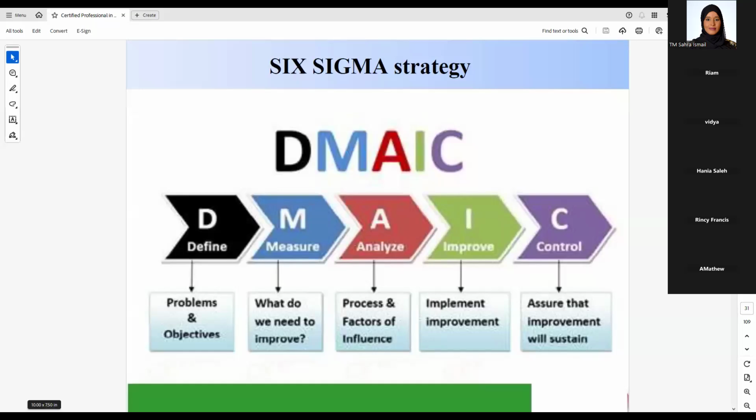Even sometimes under DMAIC, you might use maybe 2 or 3 PDSAs for different problems, but you are under the big project which you are working on, because sometimes you will find that you need more than one PDSA to solve more than one problem at the same time, just to go through the whole Six Sigma project. So sometimes you are using more than one methodology to come up with the final result, and this is actually done in the hospital many times for the past 2 years.